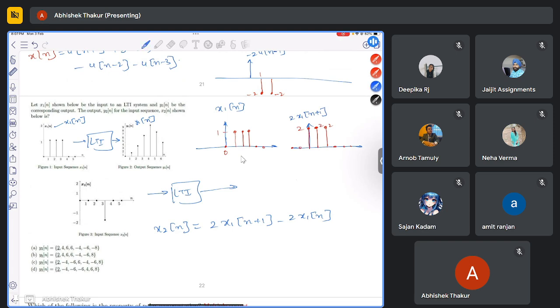Now, the next term we have is minus 2 of x1 n. So minus 2 of x1 n will be, this will be 0, this will be minus 2, this will be minus 2, and this will be minus 2. Now, when you add this and this, what will we get?